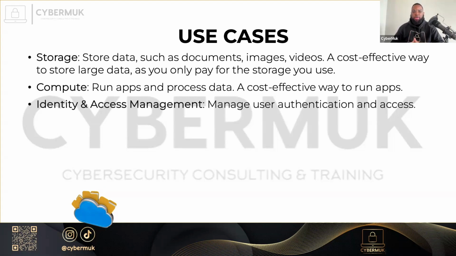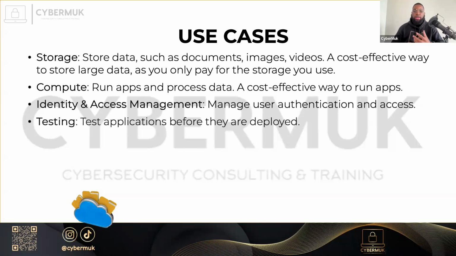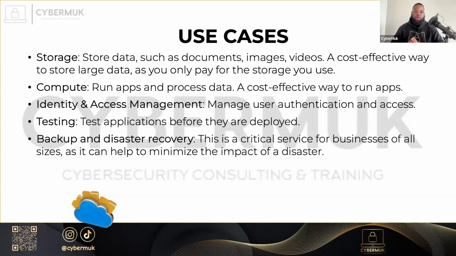Identity and access management. So you can centrally manage user authentication, access, verify their access, grant them more or less permissions depending on their level. You can use the cloud to test applications before they're deployed, such that when you deploy them, you know that they're safe from bugs or any kind of unexpected issues. The cloud can also be used for backup and disaster recovery.